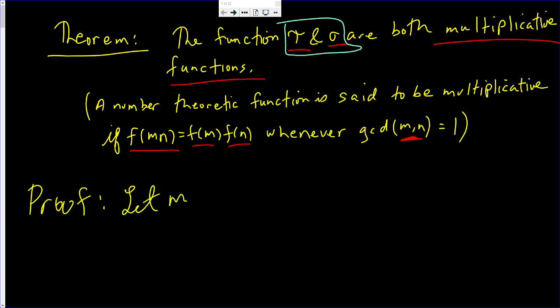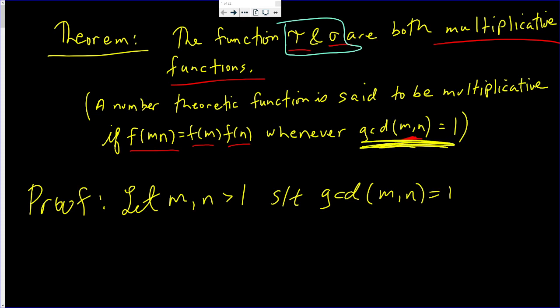The cases when m or n or both are zero are kind of trivial. So let's start off with m and n both positive, such that the GCD is 1. The GCD being 1 is necessary for us to talk about multiplicative. So the GCD of m and n is 1.